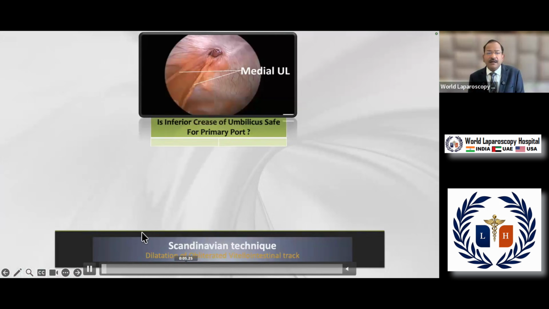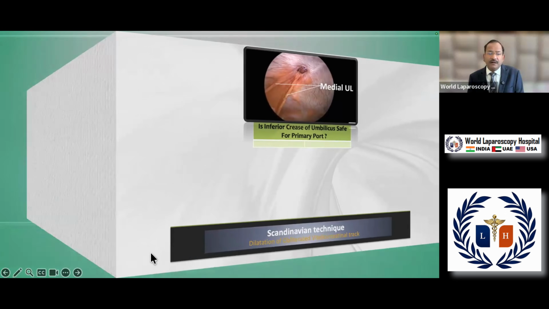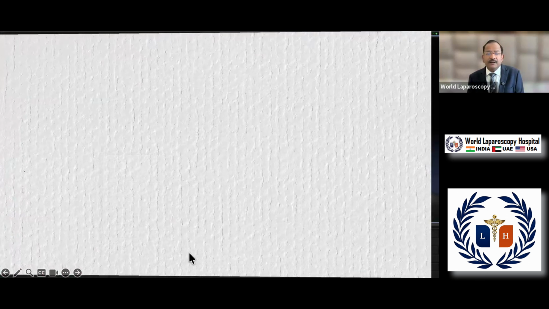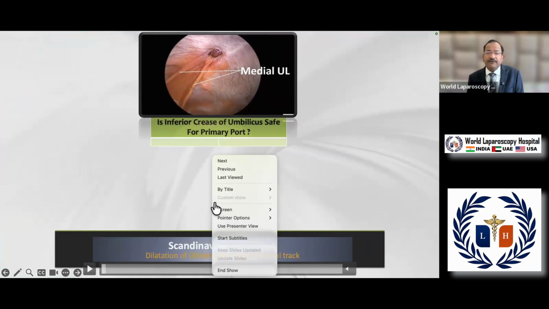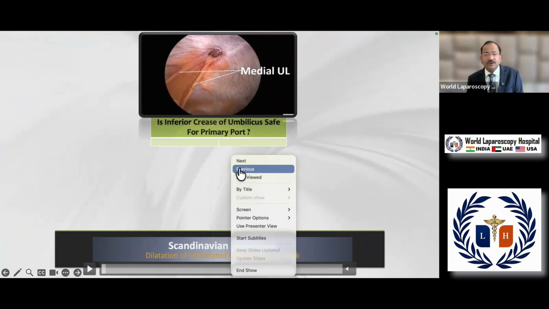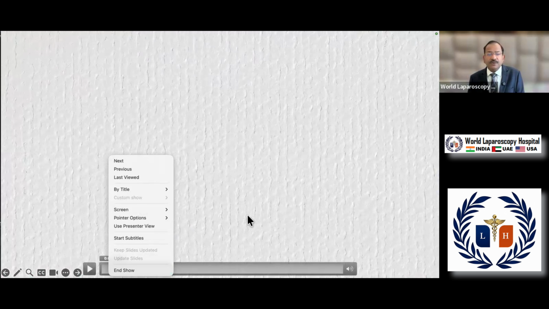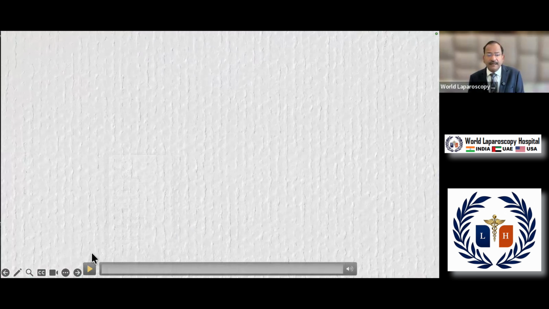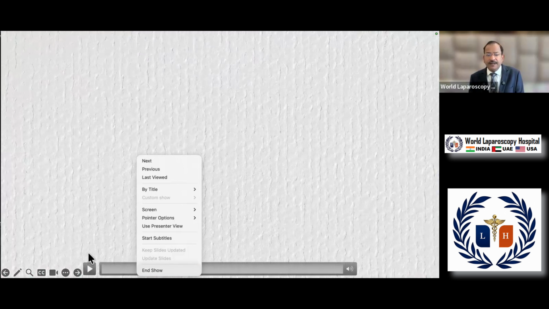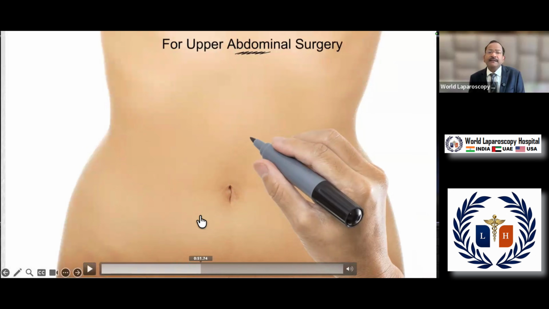But this supraumbilical is a vague term. It is very difficult to decide how much above the umbilicus. Supraumbilical 3 centimeter above the umbilicus is also supraumbilical. 5 centimeter above the umbilicus is also supraumbilical. So, how to decide? For that, you should try to find out that it should be approximately 18 centimeter below the xiphisternum.